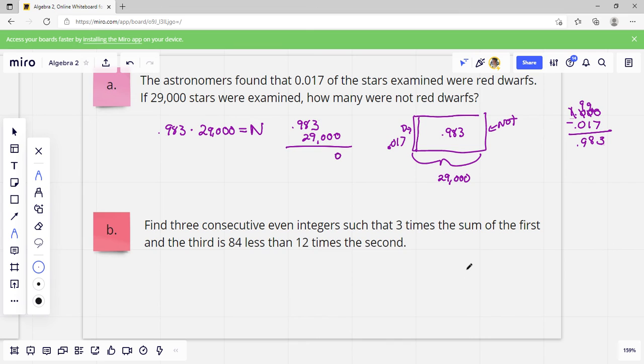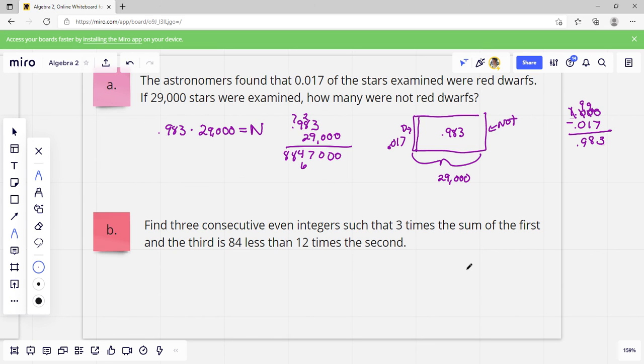Let's see if I can do it on my own here without my calculator. 9 times 3 is 27. 9 times 8 is 72. 73, 74. 81. 88. 2 times 3 is 6.